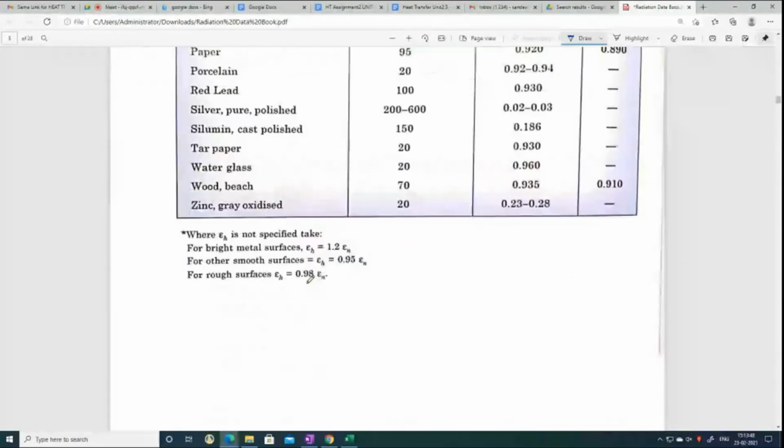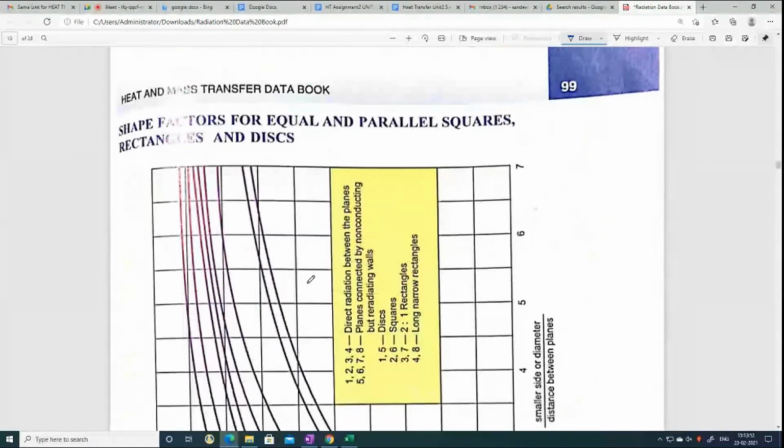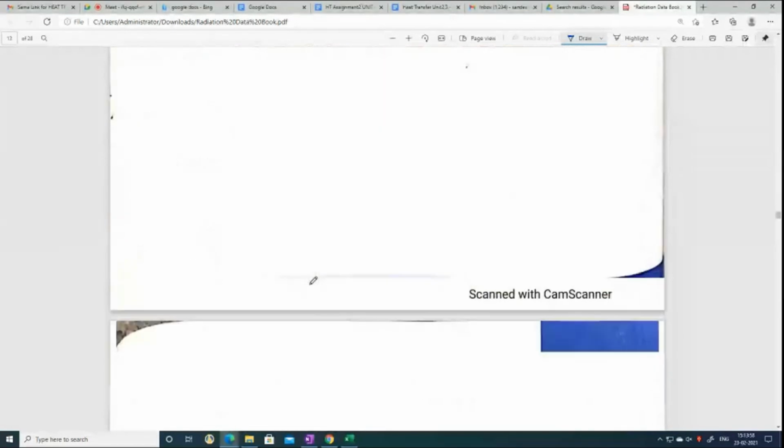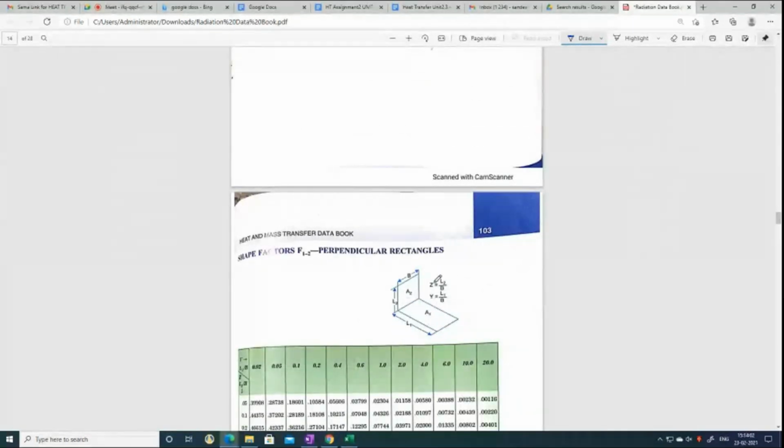ఇట్స్ లైక్ దిస్ వన్ ఐ విల్ షో యూ. So here, see here, these two are perpendicular to each other. This can also be the case.